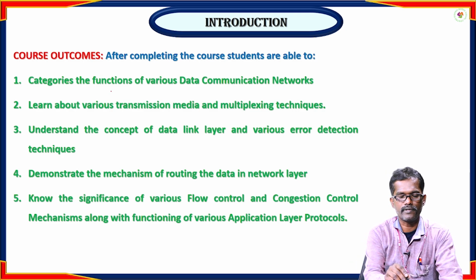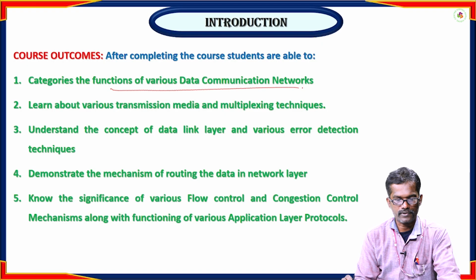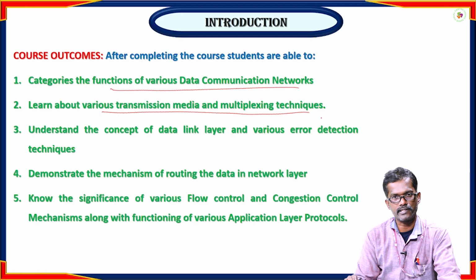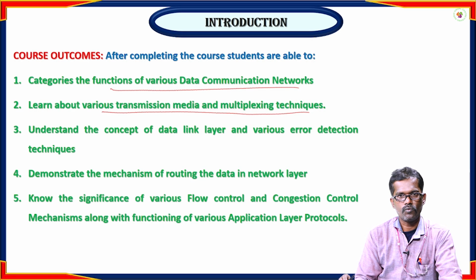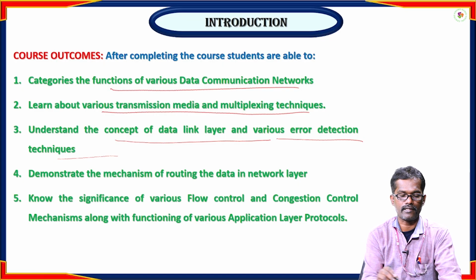First, the functions of various data communication networks, and the various transmission media and multiplexing techniques, wired and wireless; we will see everything in detail. The third one is the data link layer and various error detection techniques.